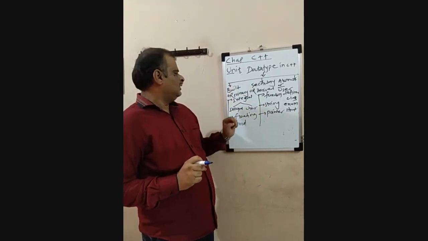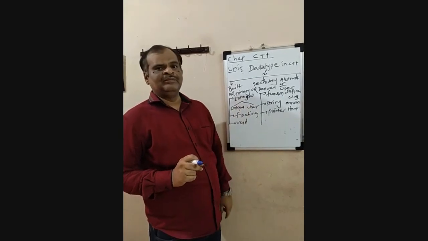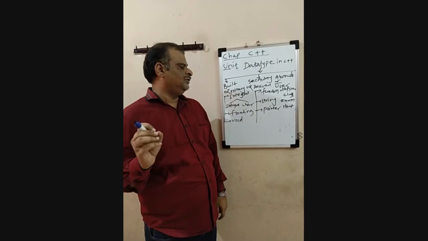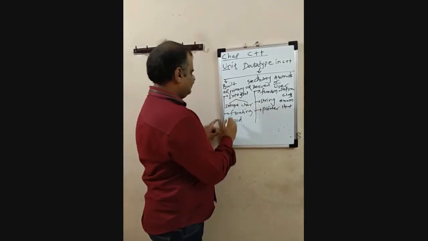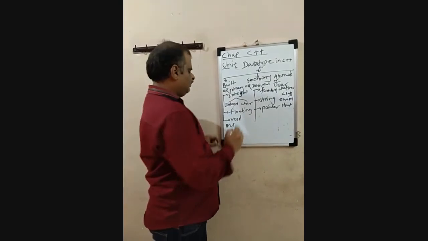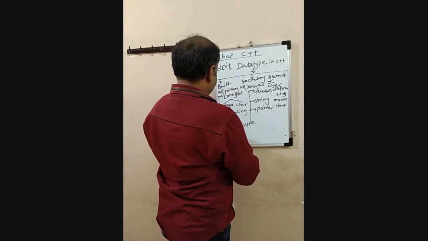Then integral types are used as integer or character types. They have specific memory in bytes. Whenever int is used by itself, 2 bytes are reserved.